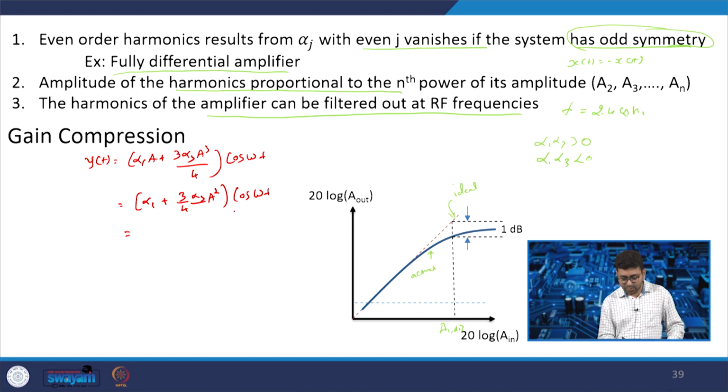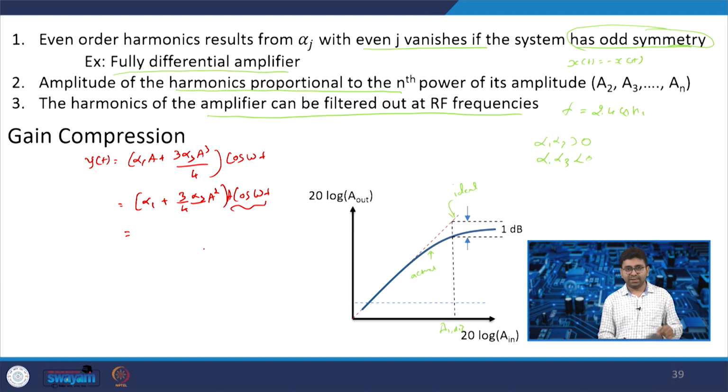Now, what we try to find out is the 1 dB compression point. This amplitude is multiplied by cos omega t, because we have taken cos omega t out. This is the desired signal that we want, and this is the amplitude which is added.